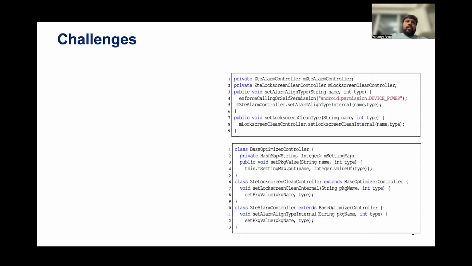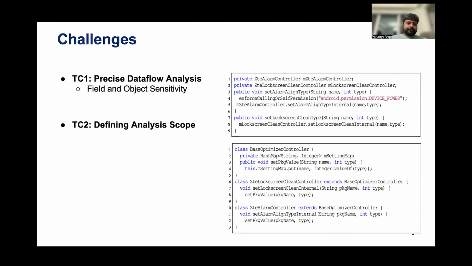Now, even though this entire task of access control implication seems relatively straightforward, it faces a lot of different challenges. We are going to look at some of them here in more detail. The first is that it needs very precise data flow analysis, which needs to include field and object sensitivity.